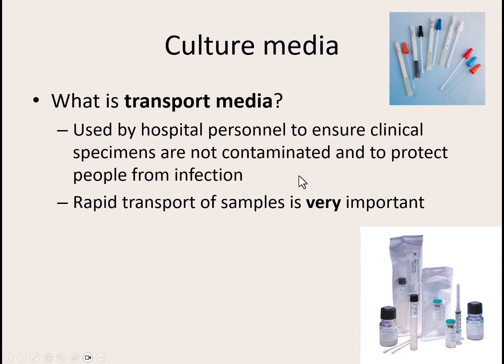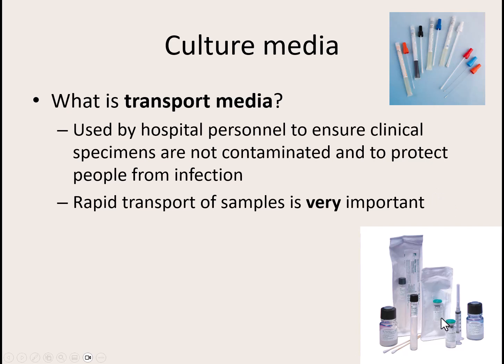You have to put it in something. And so we call that transport media. Sometimes it's in a liquid, sometimes it's in a tube. If we suspect an anaerobic organism, there are certain vials that will keep the air in there anaerobic. So we have to put it in something to get it to the lab. And again, the faster you can get it there, the better results you're going to have.